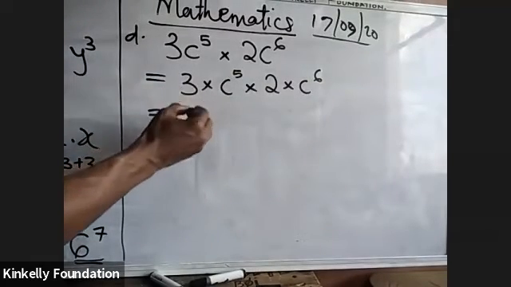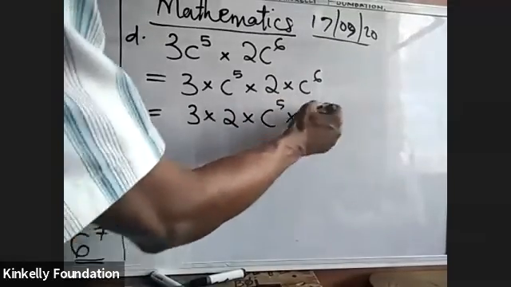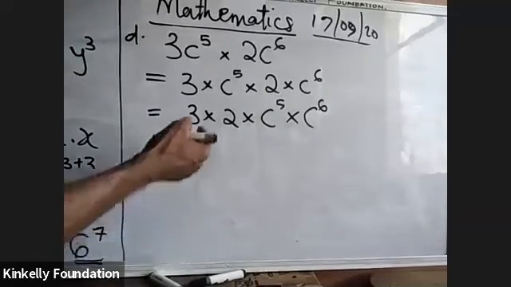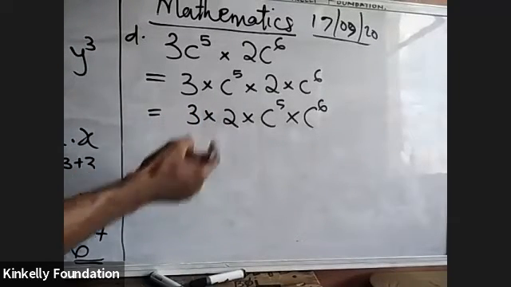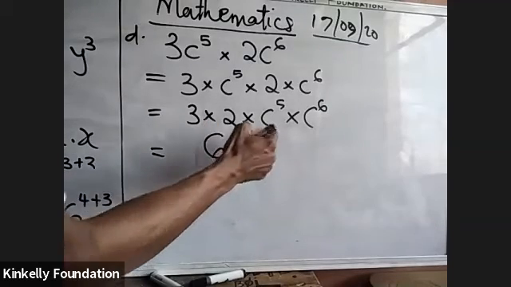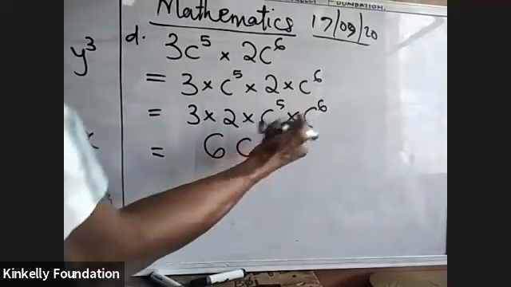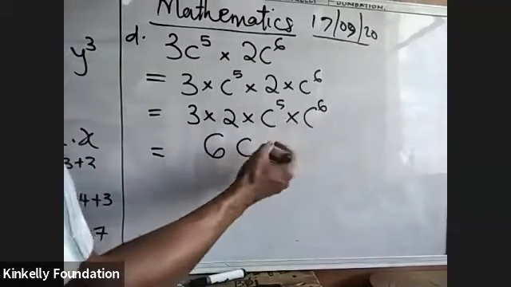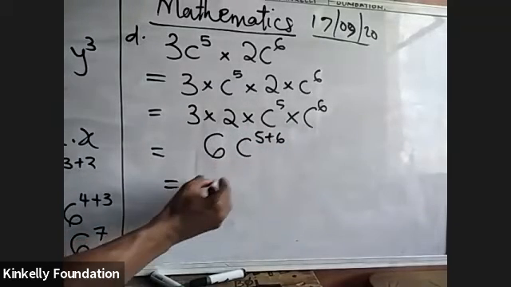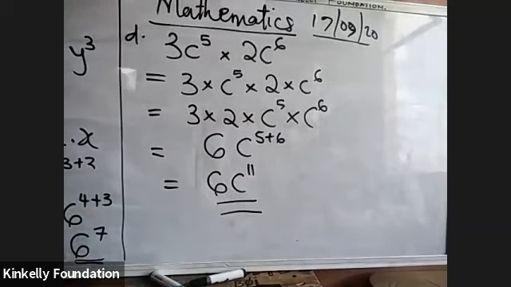In this case, they are going to multiply themselves. 3 times 2 is equal to 6. And you apply the laws of indices because they have the same base. You add their powers since they are multiplying, to give us 6c raised to the power 11. This is the answer to this question.